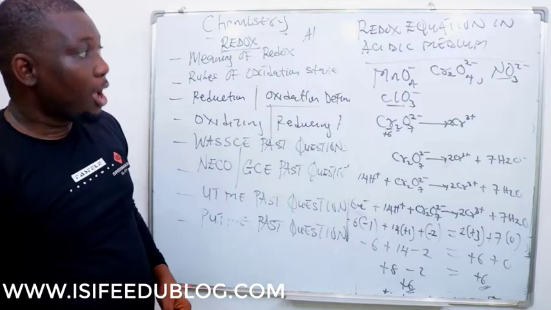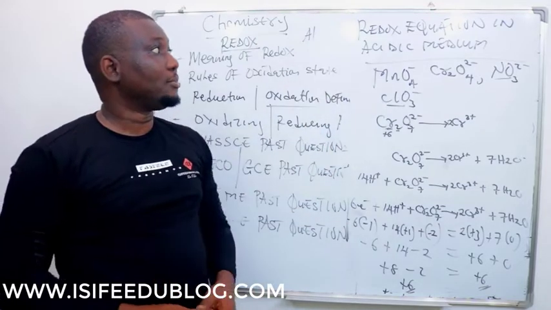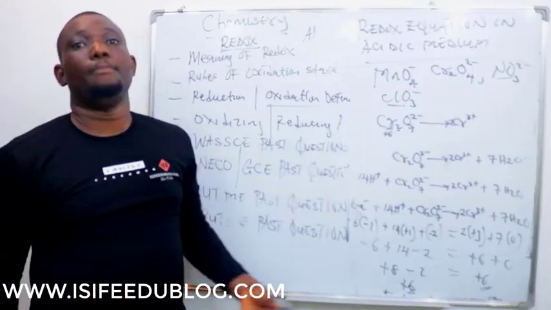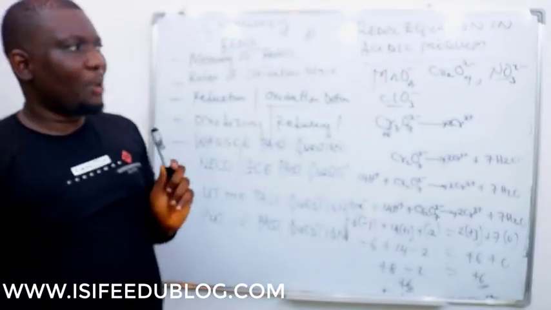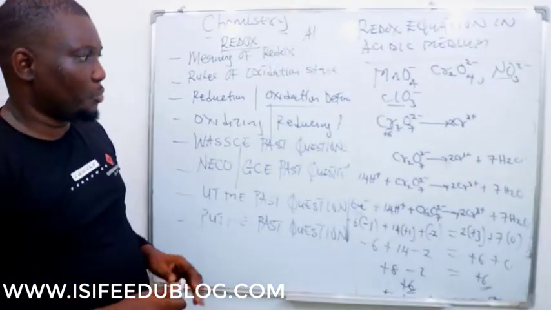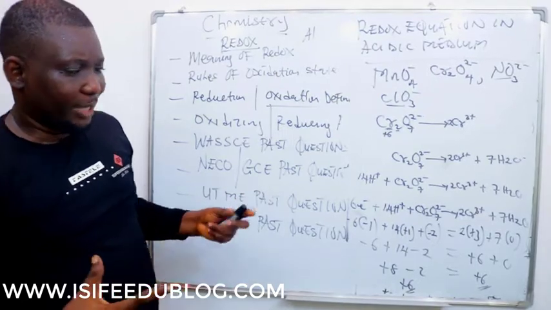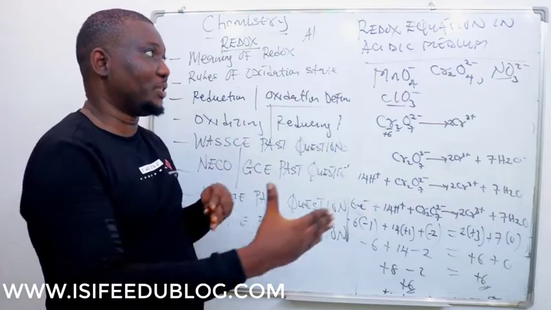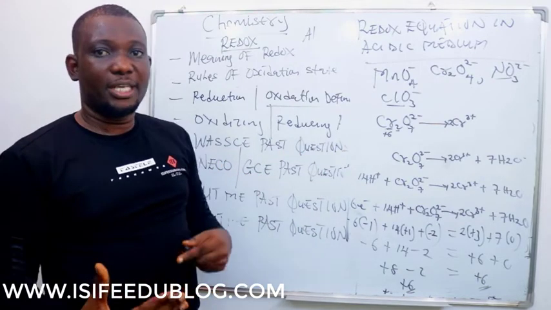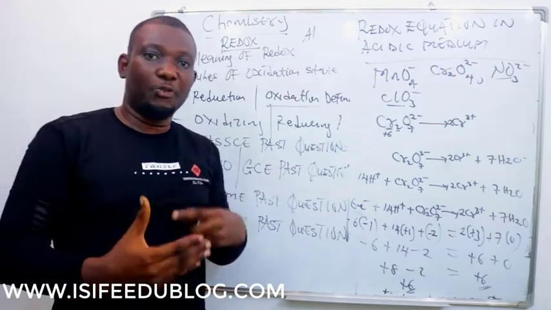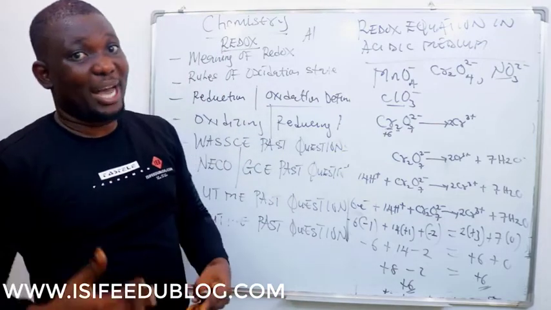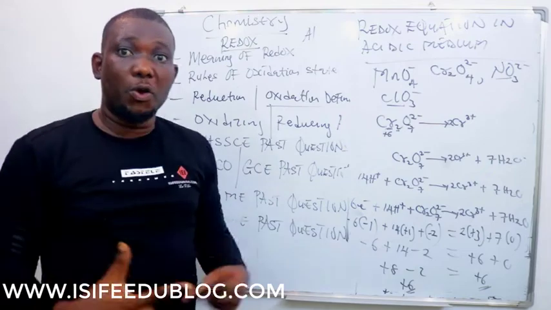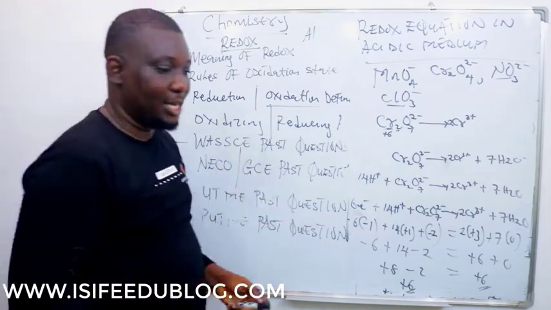You can pause the video and do these two, or you go to the link and see where more questions have been solved regarding balancing redox reactions in acidic medium. Okay, there's one more thing I'm going to do here, because this is just a one-way redox equation in acidic medium. We have a two-way one which involves reduction and oxidation at the same time, and that is also in acidic medium, bearing an oxo anion as the reduction side.